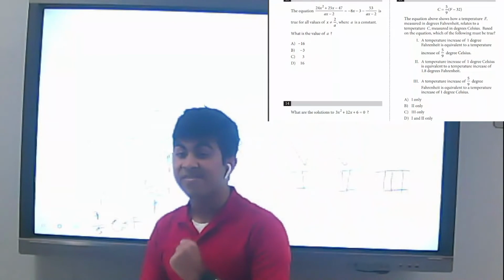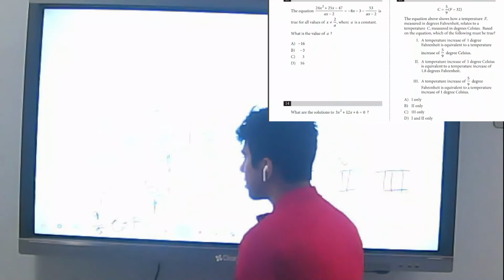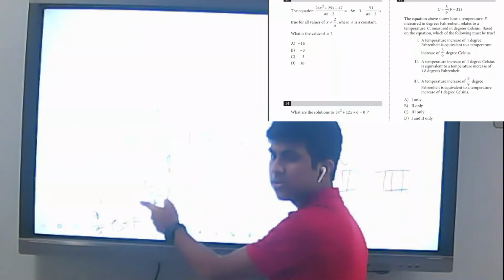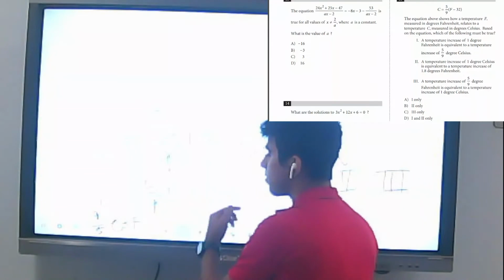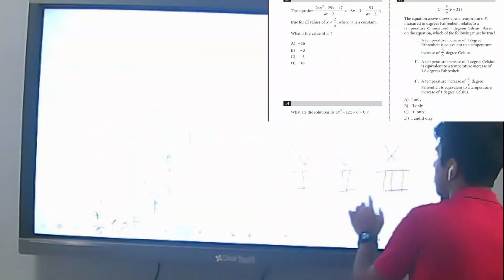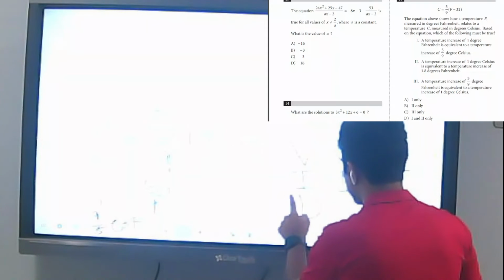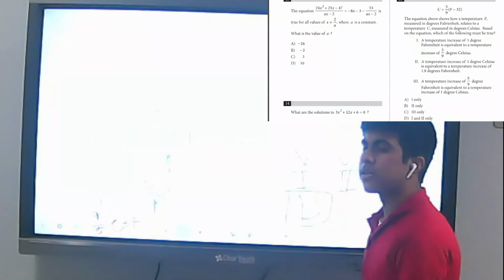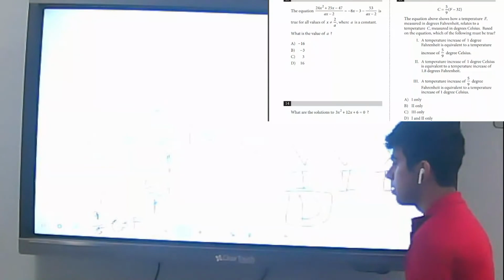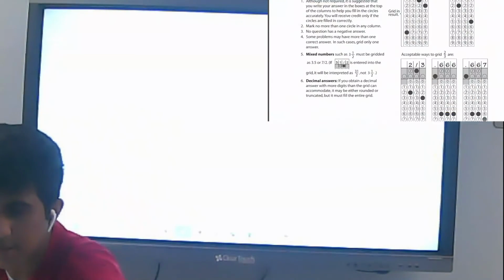Now I have a temperature increase of 5/9 degrees Fahrenheit. If I increase F by 5/9, I increase C by 5/9 times 5/9, which is 25 over 81, which is not 1, so 3 doesn't work. So it's 1 and 2 only, which is choice D. So that's our answer. And we can keep going to the next question, getting into the grid response questions here.